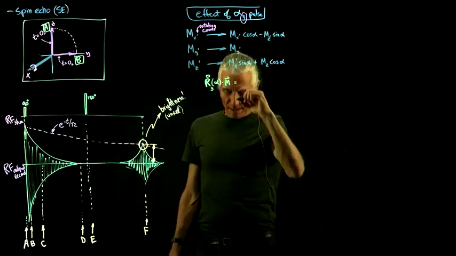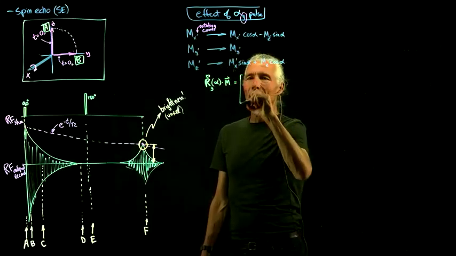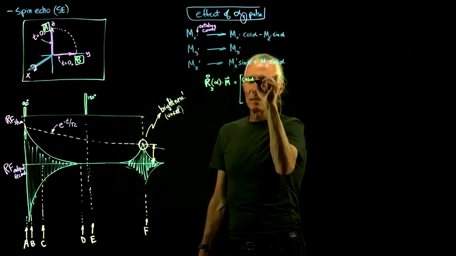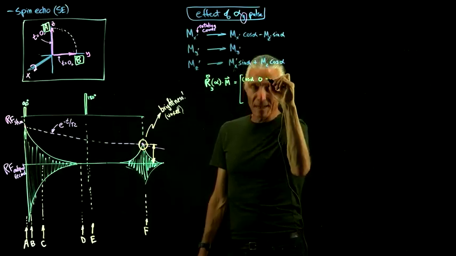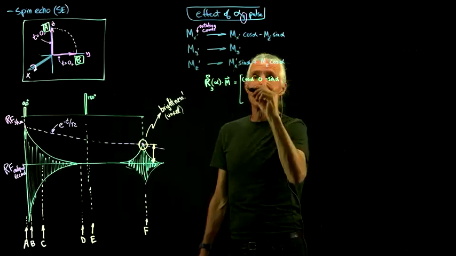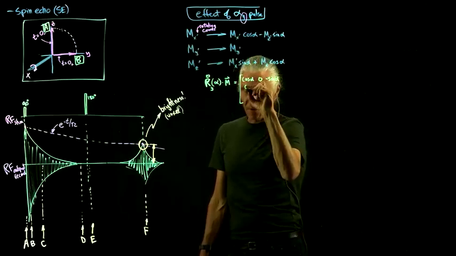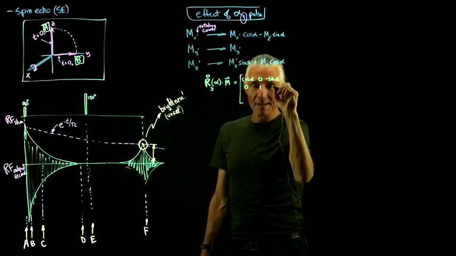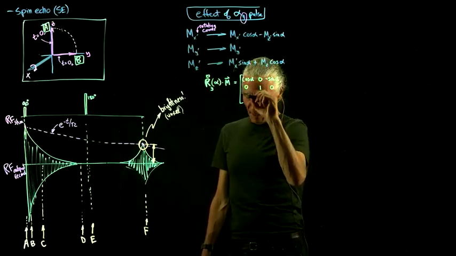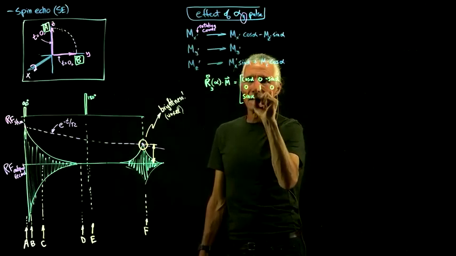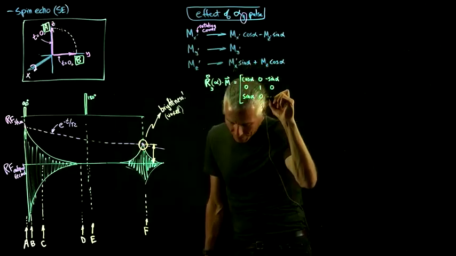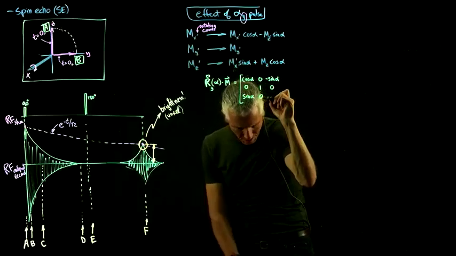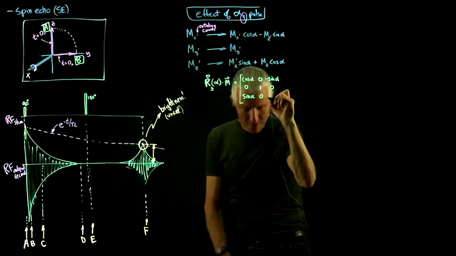And what does that rotation matrix look like? It's got cos, 0, minus sine, then 0, 1, 0, and then sine, 0, cos.